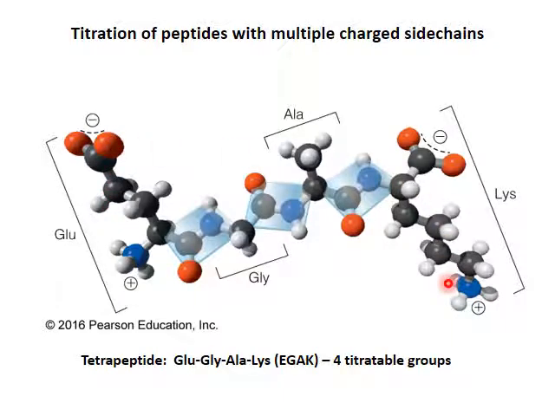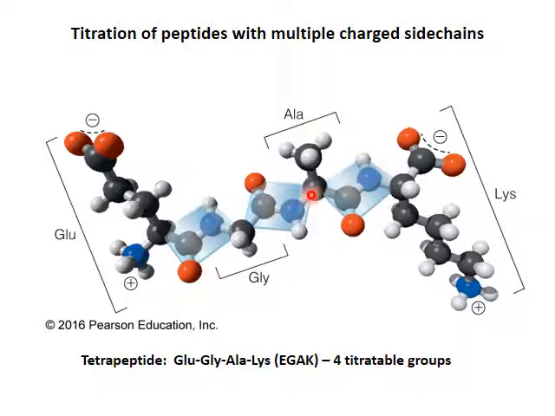So if you look at this, we have 4 charges based on these acidic and basic groups that are present on this peptide, and drawn here, 2 positive, 2 negative, zwitterionic form that we're looking at.